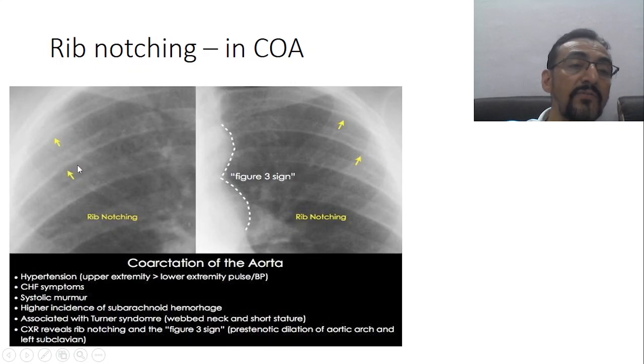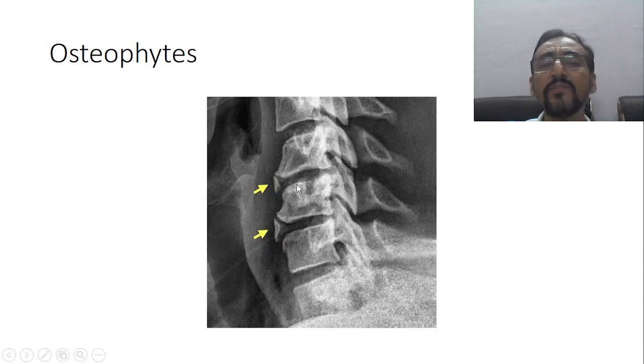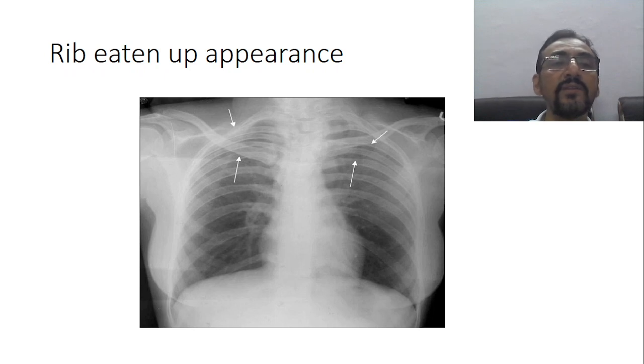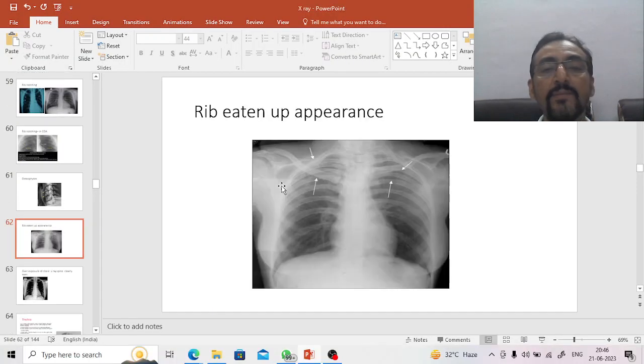There are many areas where you can see the arrow mark area, the normal surface of the rib is not there, okay, so this particular surface is not smooth as usually seen in the case of ribs. So now it is notching in between. It is notching in between. So therefore, this has to be observed. Now this is osteophytes. Of course, this is not much important. Now this is rib eaten up appearance.